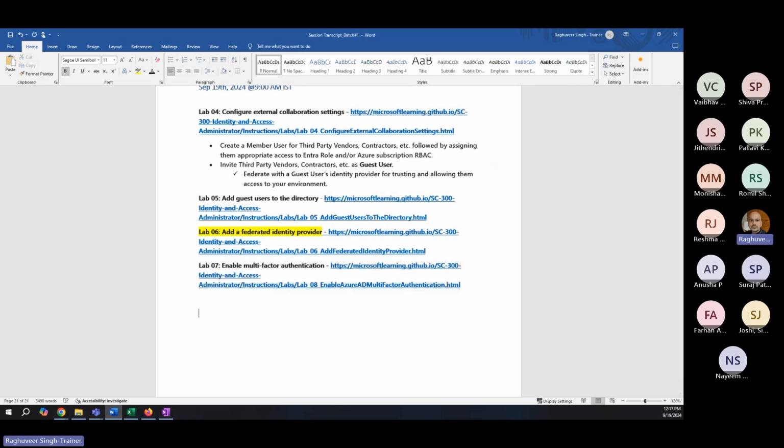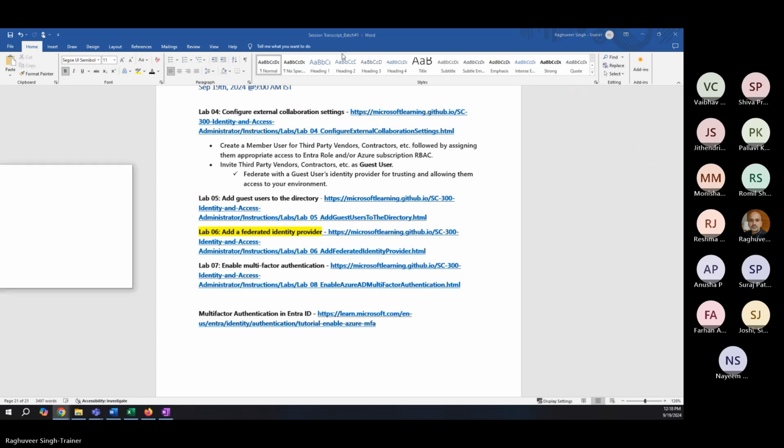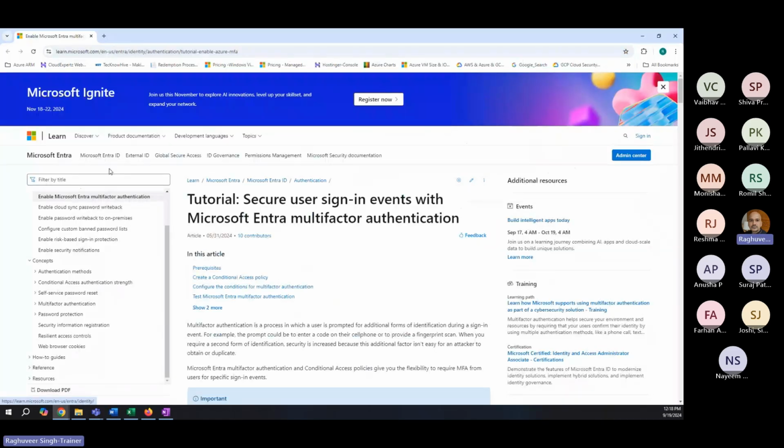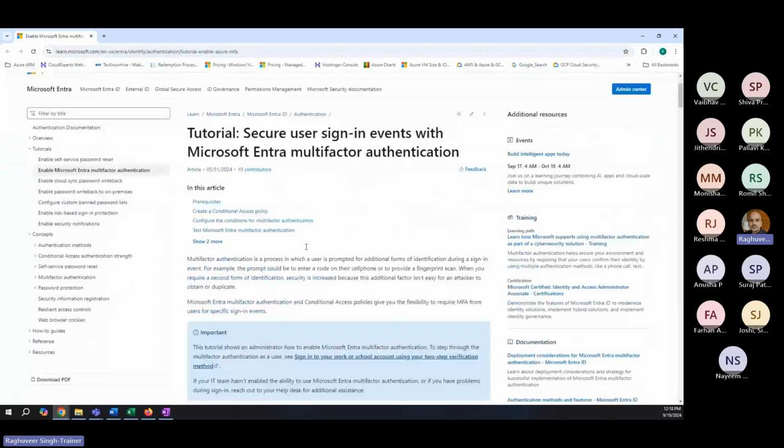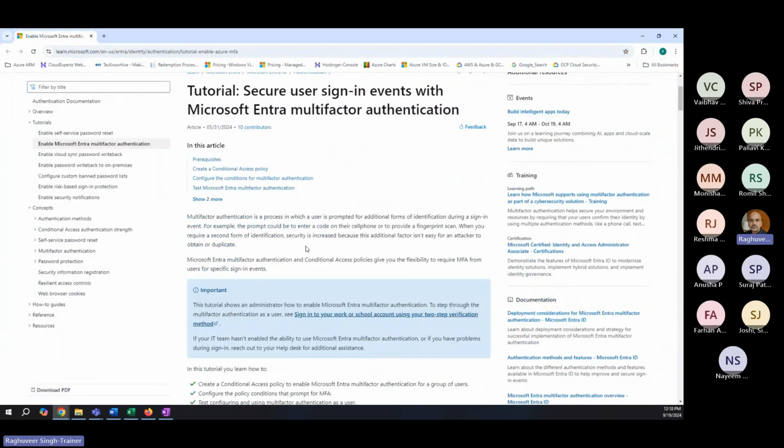Multi-factor authentication in, I would not say in Azure, in Entra ID. First understand what is multi-factor authentication, why it is needed, and in what scenarios we can configure multi-factor authentication for our users.